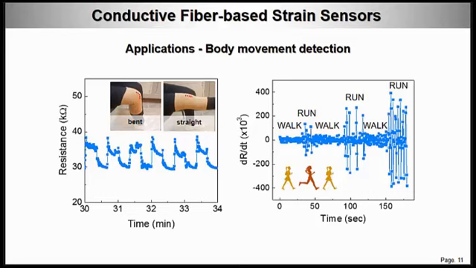Therefore, the state of the knee can be identified by resistance values, and it can differentiate the bent and straight states and walking and running actions.